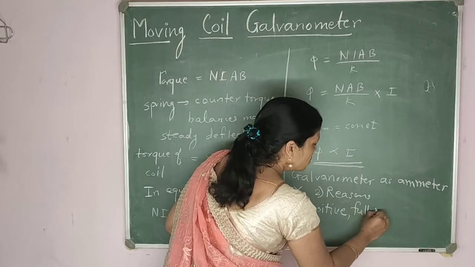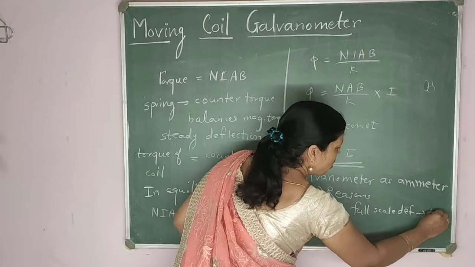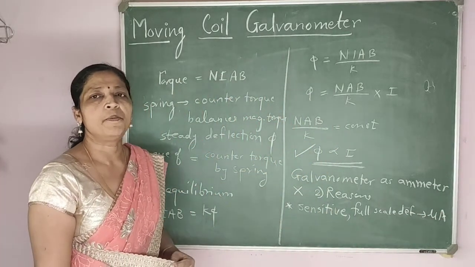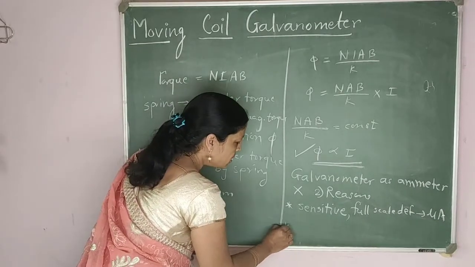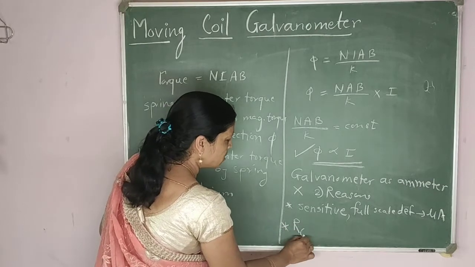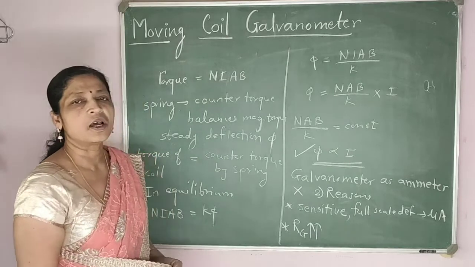It gives full scale deflection for a very small current, in microamperes also. And the second reason is that a galvanometer has a very large resistance.